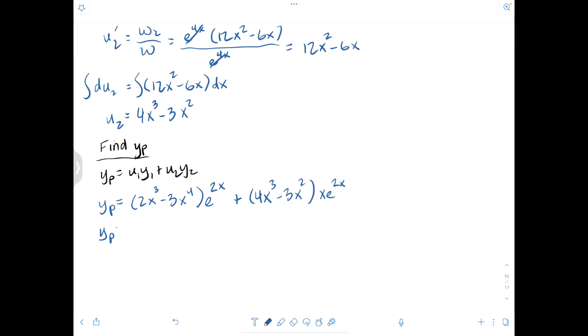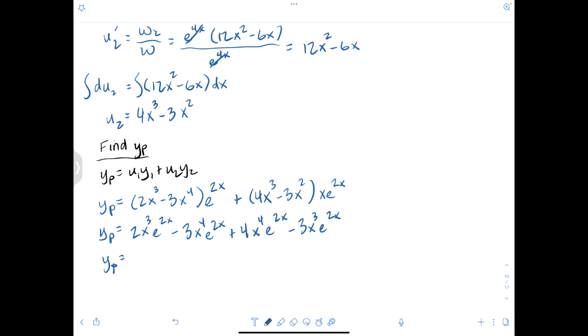We can clean that up a little bit. That would be 2x cubed e to the 2x minus 3x to the 4th e to the 2x plus 4x to the 4th e to the 2x minus 3x cubed e to the 2x. So yp will be x to the 4th e to the 2x minus x cubed e to the 2x.